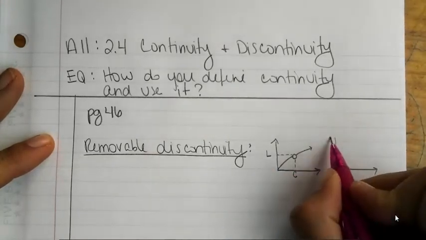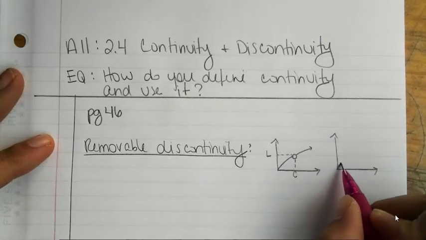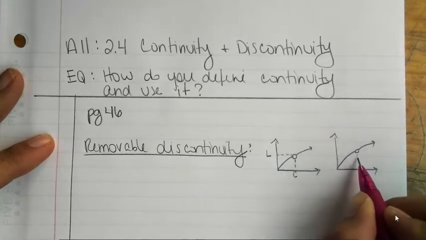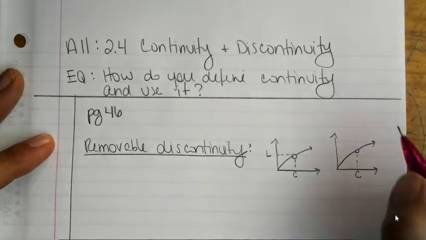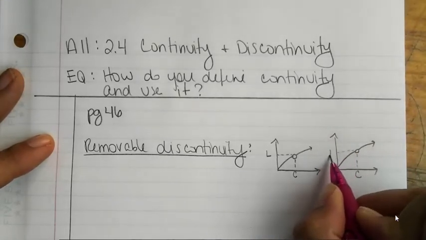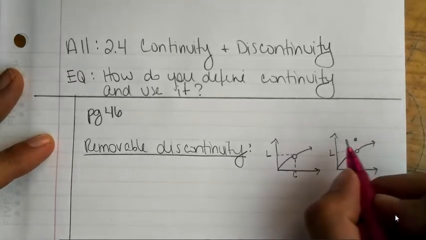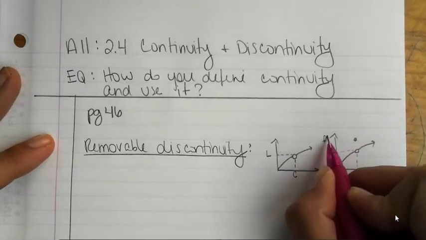Or it could actually be defined at C, but maybe it's still got that hole in it. So here's your limit, but maybe there's an actual output up here. So we'll call that output f of C.